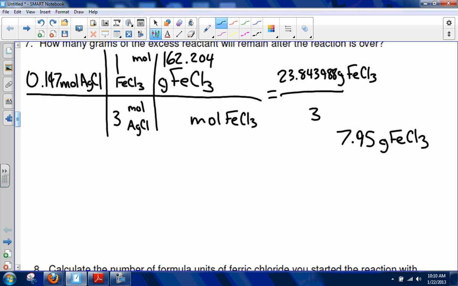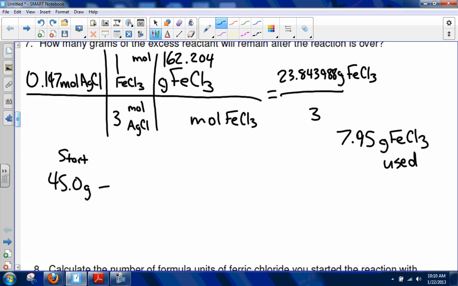And this is how much I used. That's not saying how much I have left over, right? So how do I find out how much I have left over? Good. I have to go from what I had, which I started with, 45.0 grams at the start.